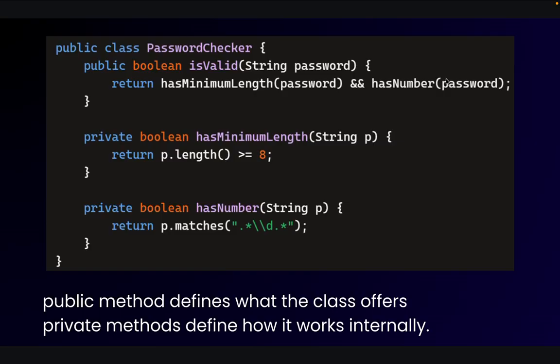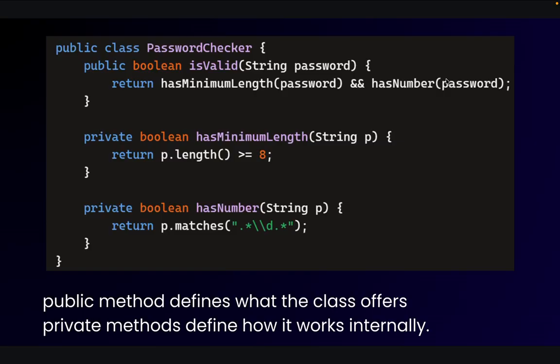Now, the two that technically are private here are what we would refer to as helper methods, meaning that they do some sort of task inside of our class that we don't necessarily need to use in another case, but we need them to accomplish something in that class. In this case, we have the two private methods hasMinimumLength and hasNumber.